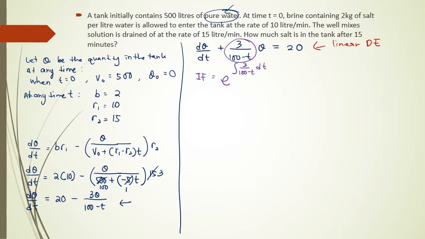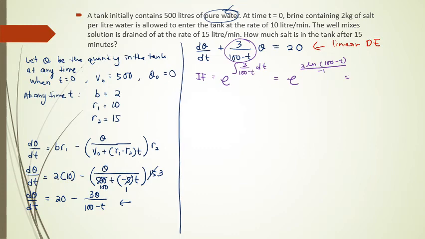So it is equal to exponent, integrate 3 over 100 minus T, which becomes 3 ln of 100 minus T over negative 1.